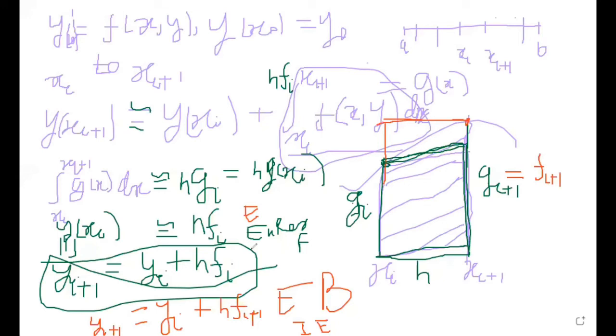Because basically, what is unknown? The unknown is y i plus 1.